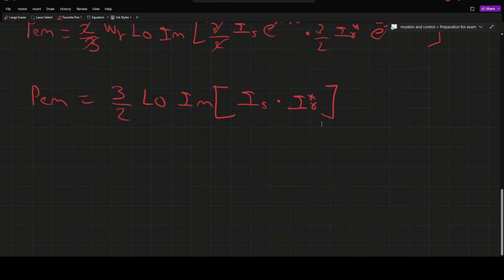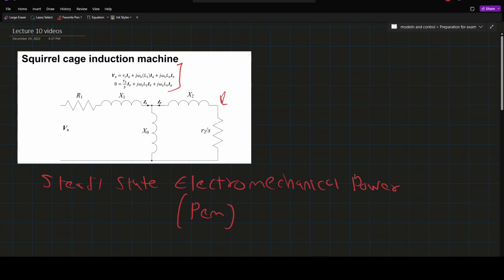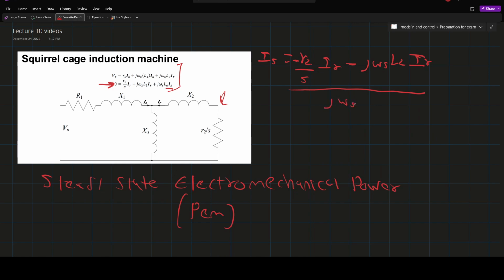Okay, so now if we go back here, if we take this equation and look for is, we're gonna see that is equals r2 over s times ir minus r2 over s times ir minus j omega s L2 ir, all this over j omega s L naught.